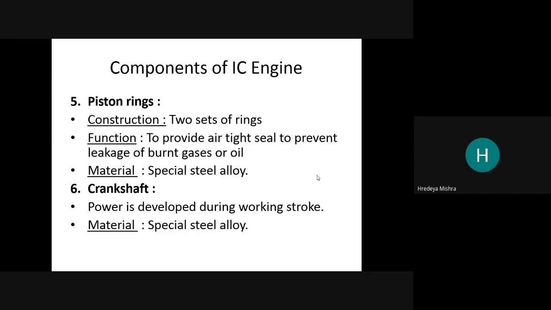Which type of material is used? A special steel alloy is used for making the piston ring. Crankshaft: the function of the crankshaft is to provide the power developed during the strokes.